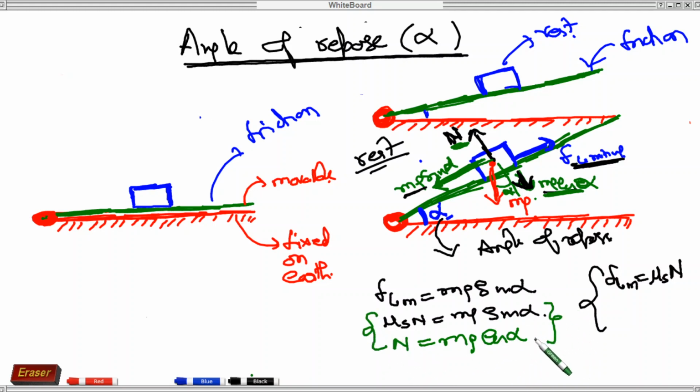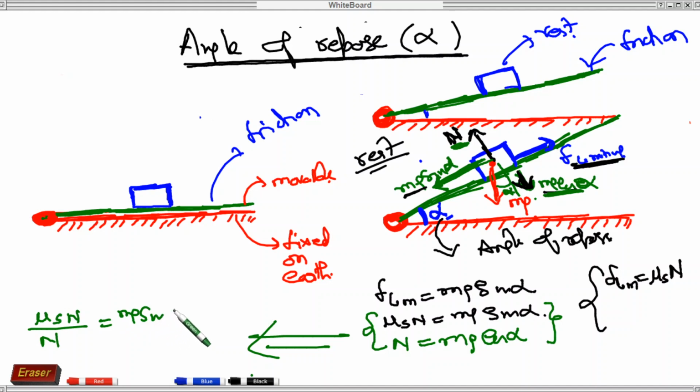We have these two equations. Do one thing, divide them. Mu s N over N is equal to mg sin alpha over mg cos alpha. Mg gets cancelled and N gets cancelled.